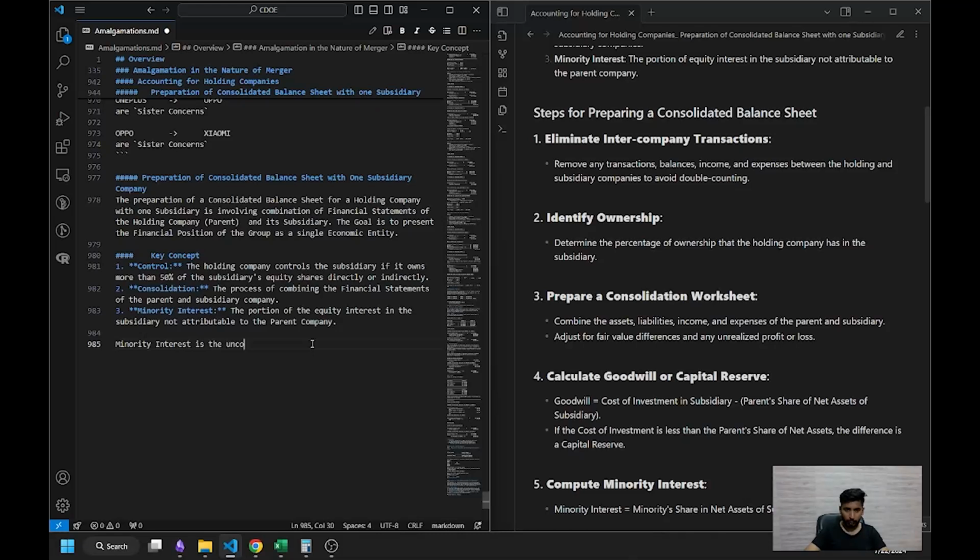In other words, minority interest is the portion of shareholders not controlled by the parent company.